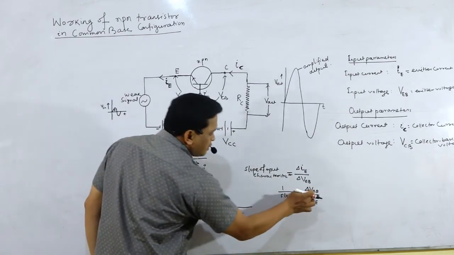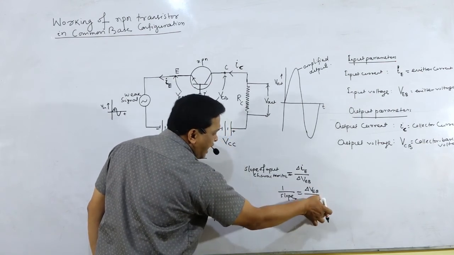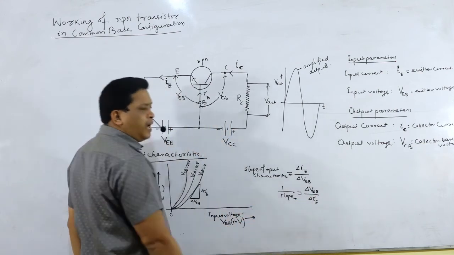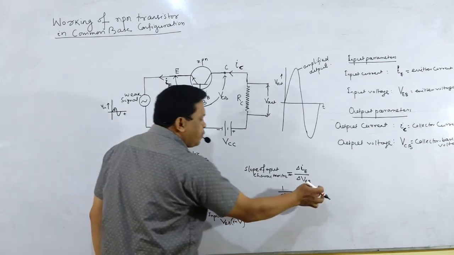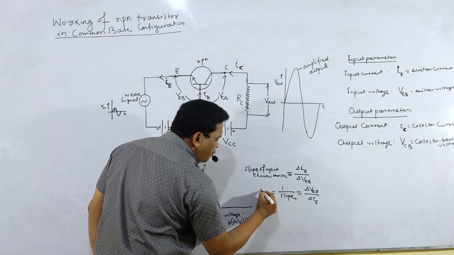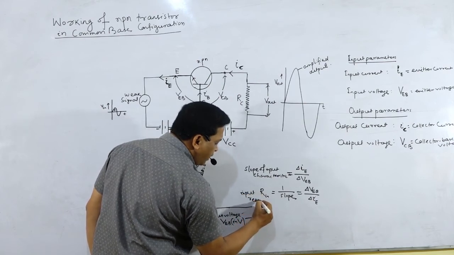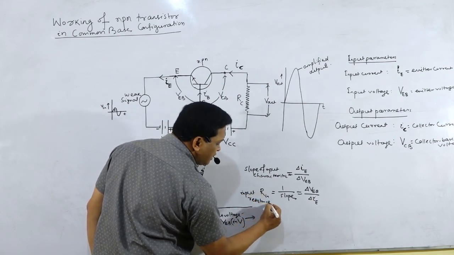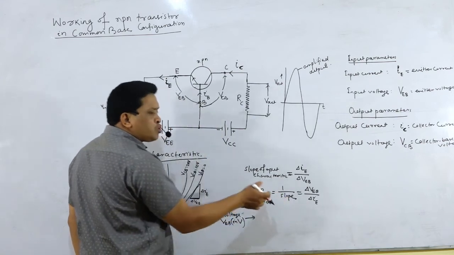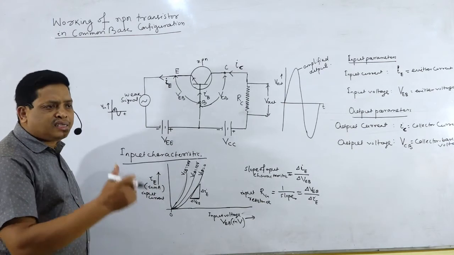See here, the numerator is the input voltage and the denominator is the input current. Therefore input voltage by input current is called input resistance, R in. This is called input resistance. So input resistance is equal to the reciprocal of the slope of input characteristic.